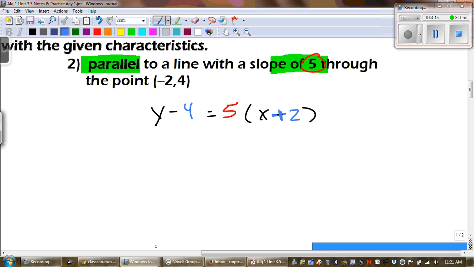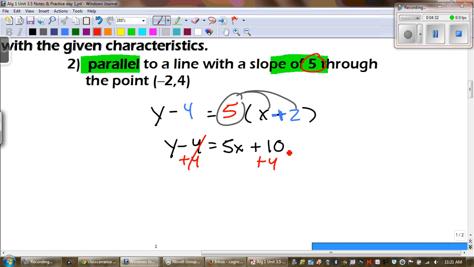Okay? So, same thing. Distribute. We get y minus 4 equals 5x plus 10. And we want to add the 4 because we're doing the opposite. And we get y equals 5x plus 14.